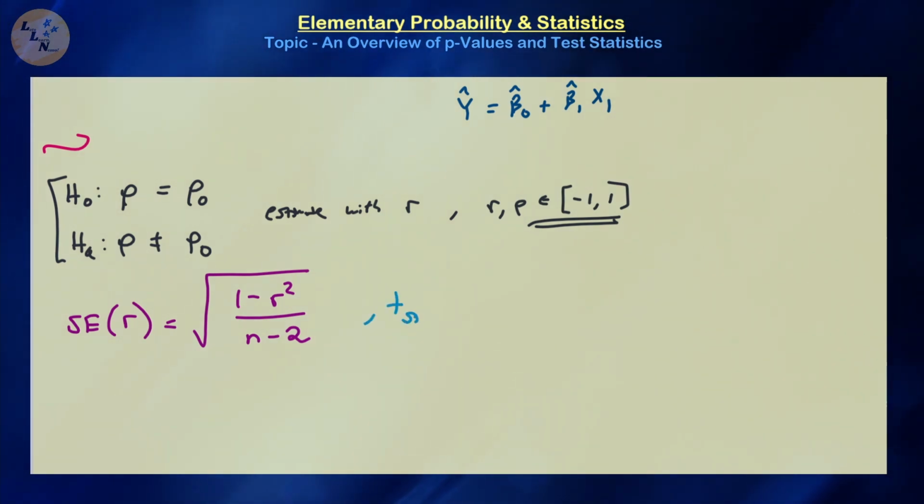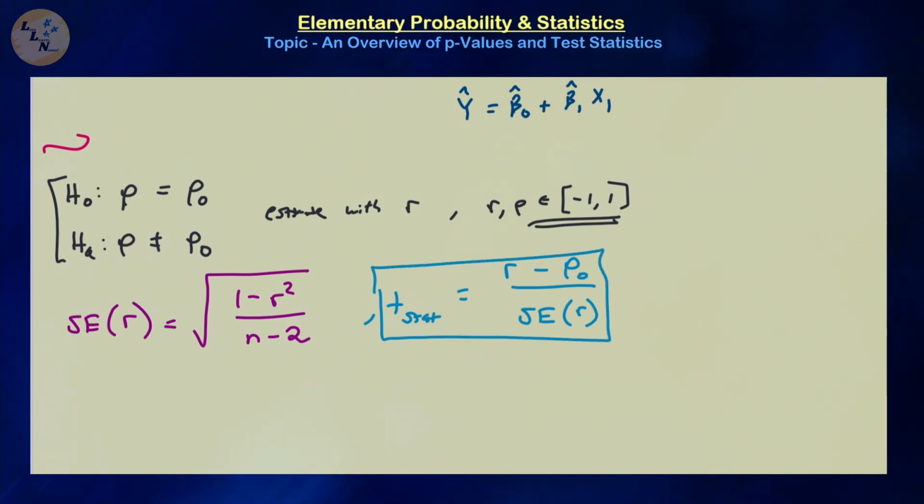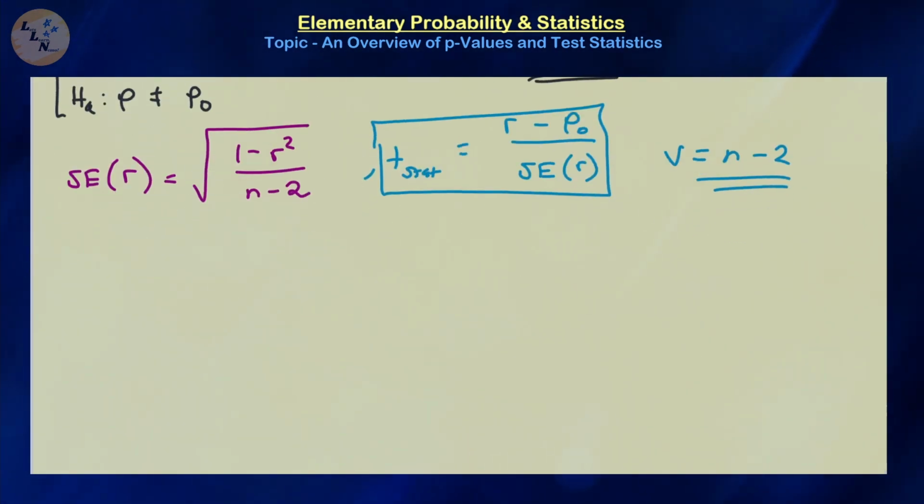So a t-test statistic is going to be equal to, take a guess. So it's going to be equal to our point estimate minus the claim value of that correlation coefficient divided by the standard error associated to that particular point estimate. So that's going to be our t-test statistic. And the degrees of freedom we're going to be using here is going to be n minus 2. And you would interpret just like we did for all of our other hypothesis tests.